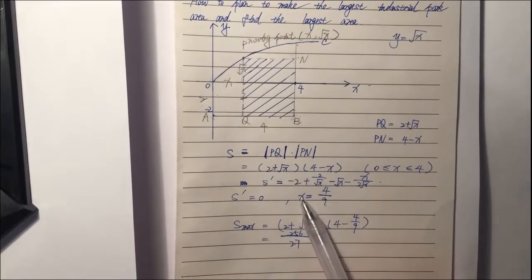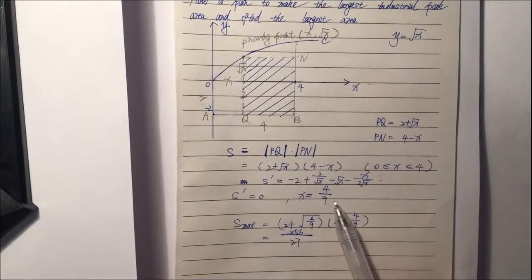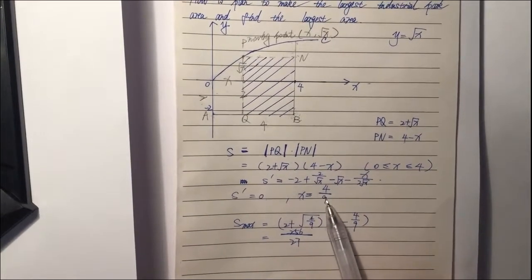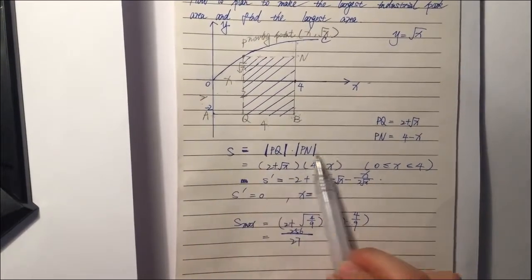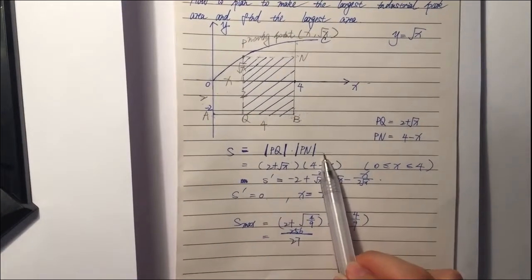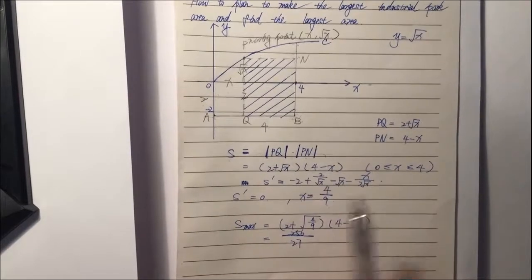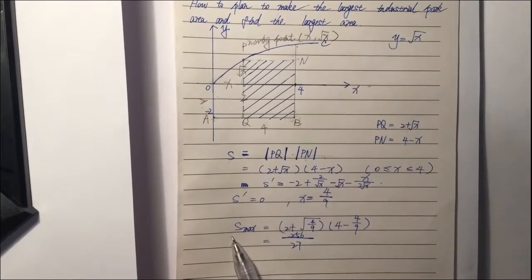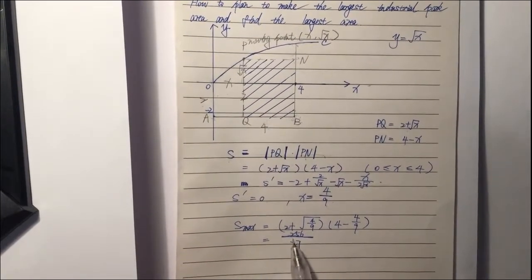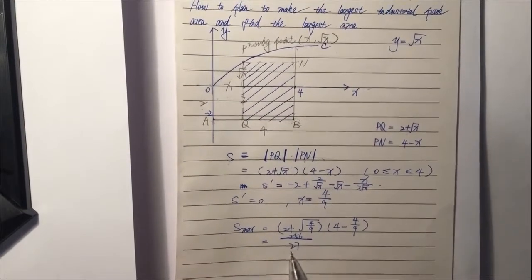Taking x equal to 4 divided by 9 into the area, which equals PQ multiplied by PN, we get that the max of the area equals 256 divided by 27.